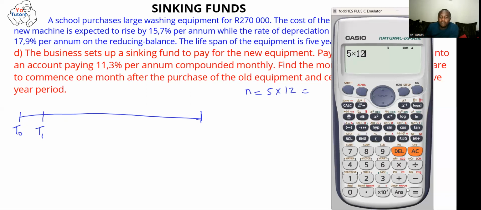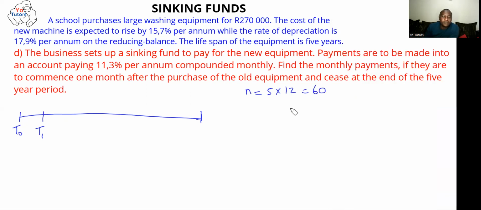So the payment starts one month after. So that's our X there, starting there, and also ends there. That's what is happening here. So we don't need to stress to add 1 because the payment is not starting immediately. The payment starts 1 month after. I think they've mentioned that payments start 1 month after there. Yeah, 1 month after.